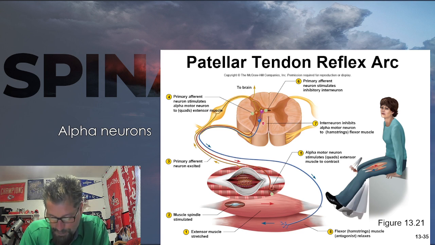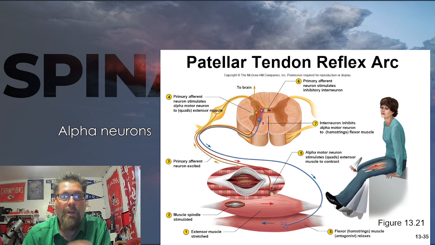Now, looking at this diagram, especially if you split the spinal cord symmetrically in half, left and right, the left side of this diagram is all about the extensor muscle, and the right-hand side is all about the flexor muscle and the response.